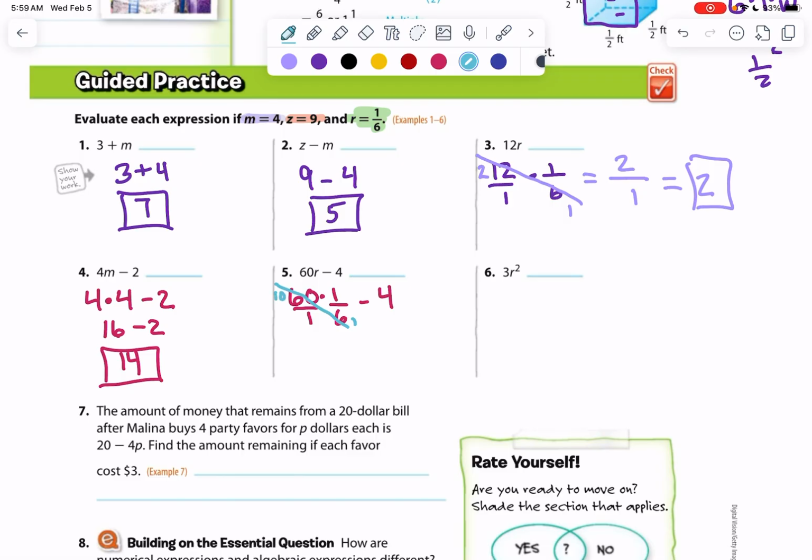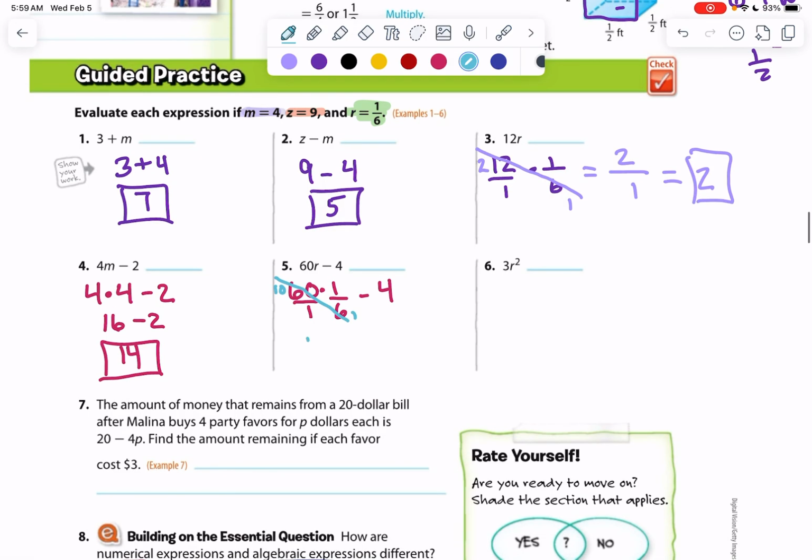All right, 10 times 1 is 10. And 1 times 1 is 1. I don't really need to write that part though, do I? Because I know that 10 divided by 1 is just 10. And don't forget this minus 4 right here. Minus 4 equals 6. There's my answer.